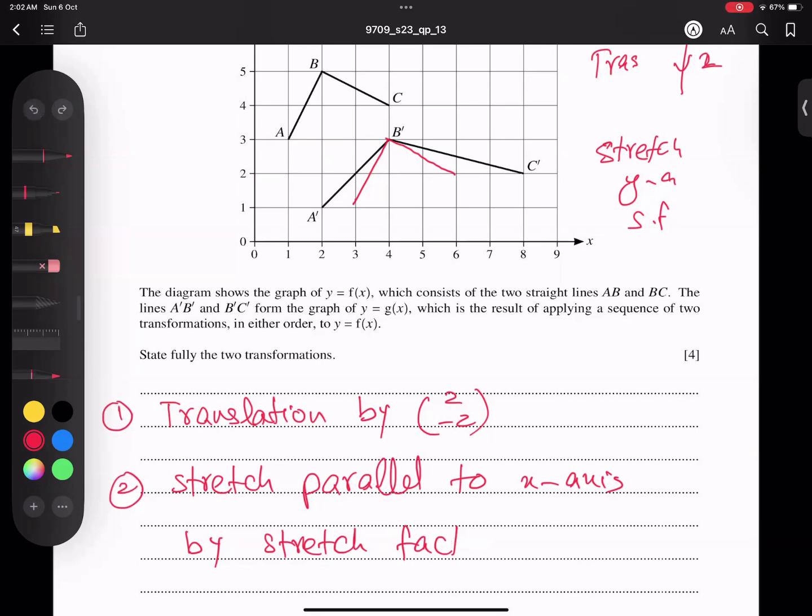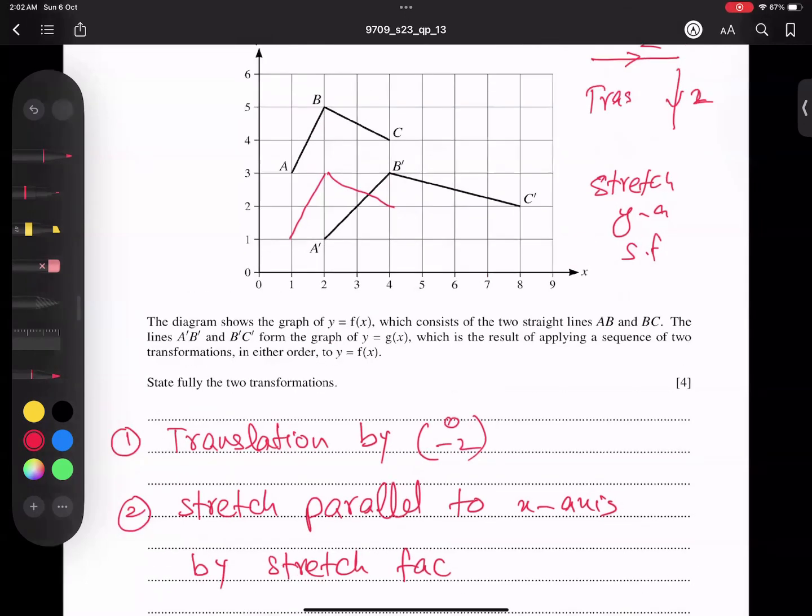So this is a plan. What do I have to change? If it moved downwards, for example 2 units downwards, it means this is a 0, and here -2.